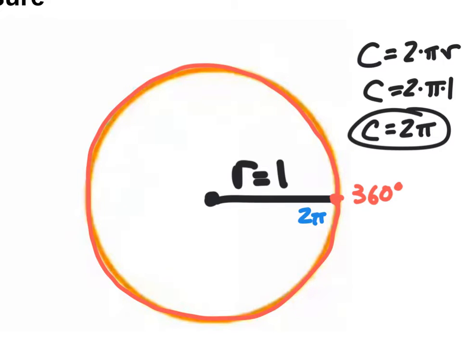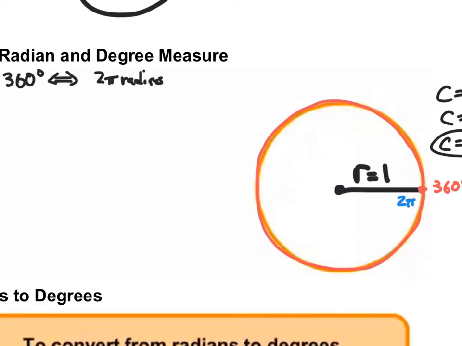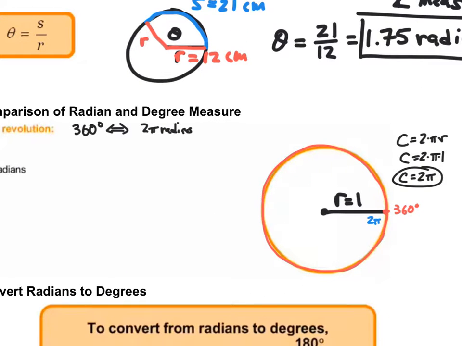Now let's think about something else. Let's say you want to do a revolution of 180 degrees.